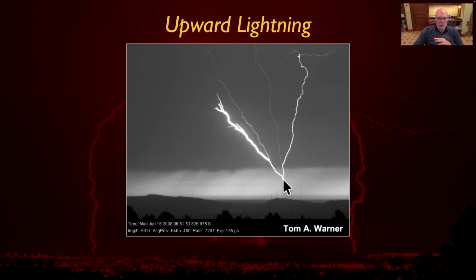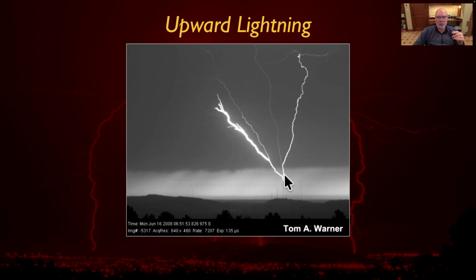They are most commonly, by far, positive leaders that develop upward from these structures. And they have upward branching, which indicates their direction of motion is upward. We see it obviously with the high-speed cameras. Their actual physical movement is upward.